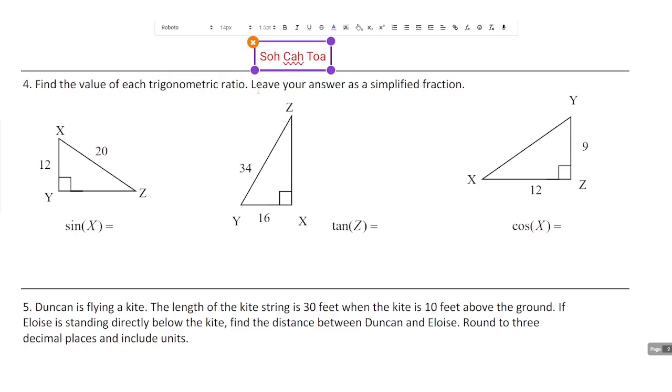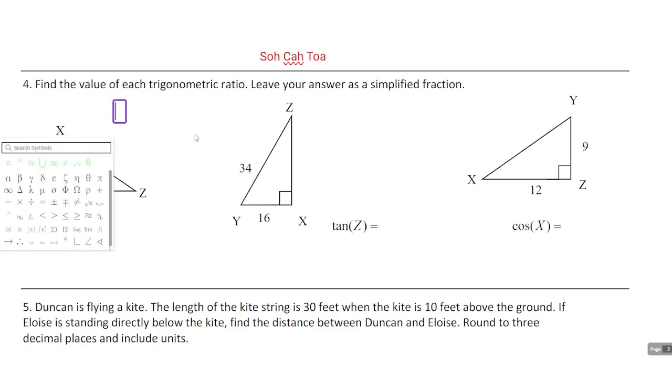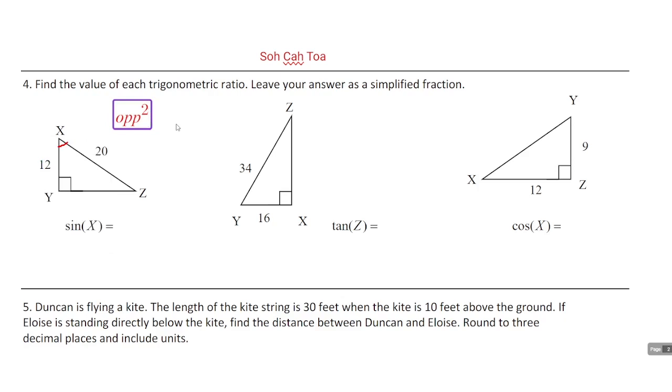So if we're doing sine, so opposite over hypotenuse. So angle measure x is this one right here. The opposite side is unknown. The hypotenuse is known to be 20, but we need to find that opposite side. Okay, so the opposite side squared plus 12 squared equals 20 squared.